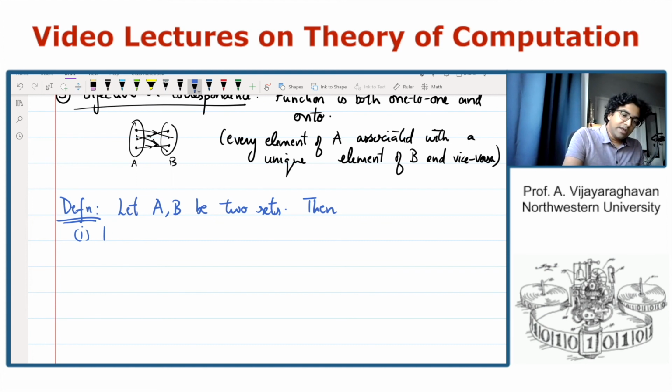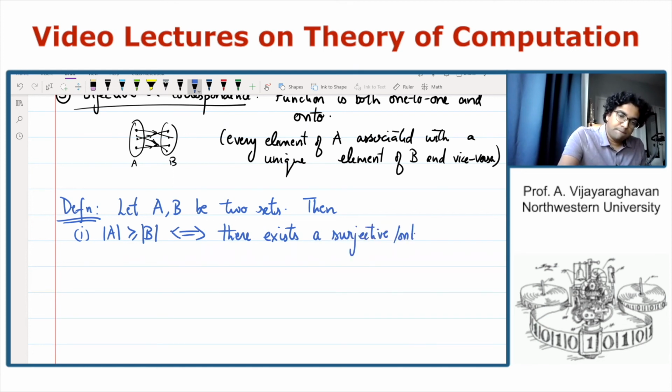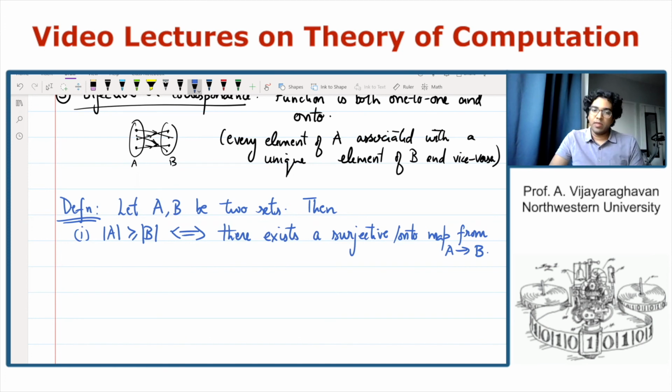We'll say that the cardinality of A is greater than or equal to the cardinality of B if and only if there exists an onto map, surjective or onto map, from A to B. So all you need to do to show that the cardinality of A is greater than or equal to the cardinality of B is to just show the existence of a map.